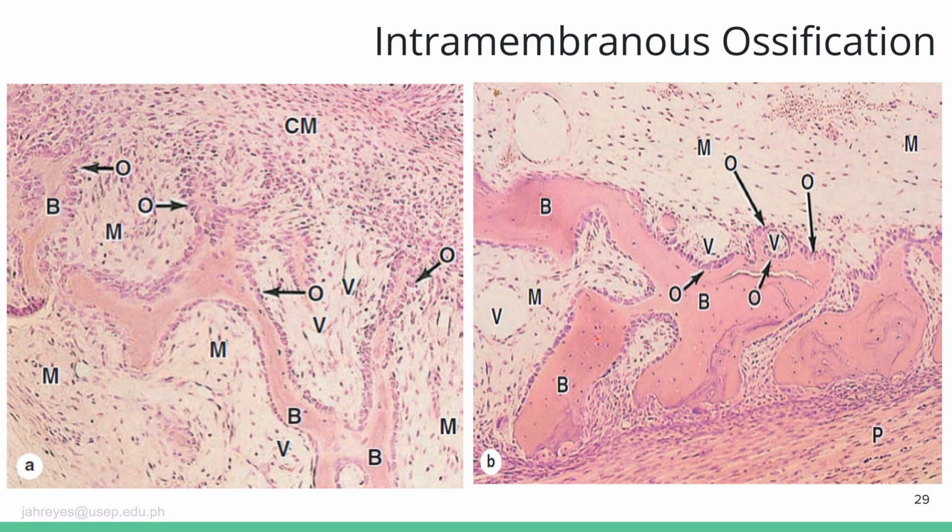So there is further growth and remodeling of the bone tissue, and the woven bone or the immature bone will be replaced by a compact bone and a spongy bone in between. So that is how the intramembranous ossification will appear under the microscope.